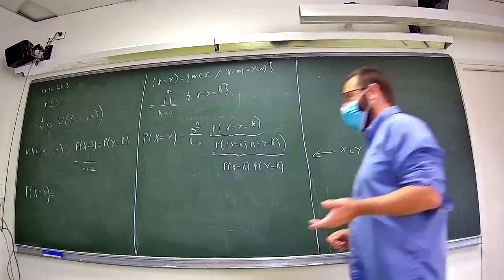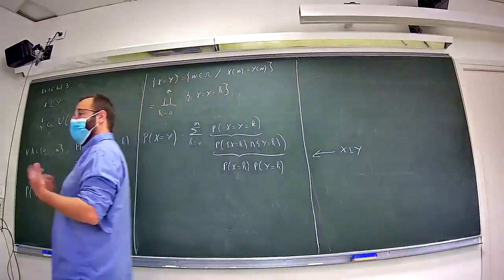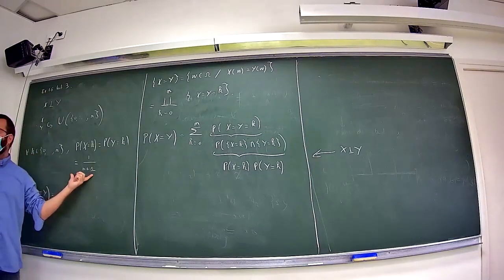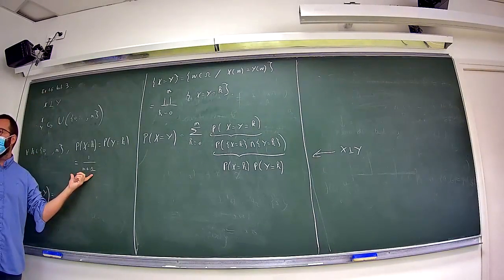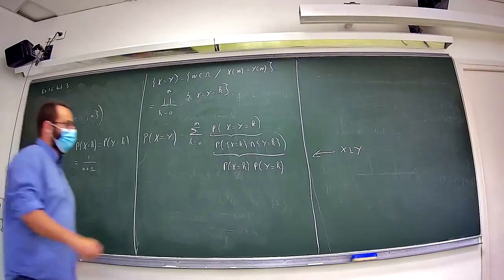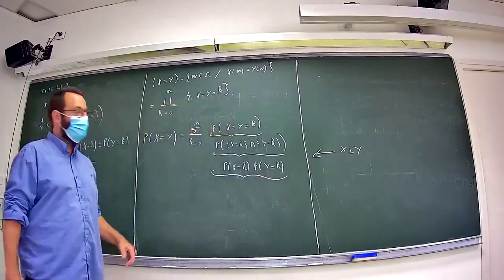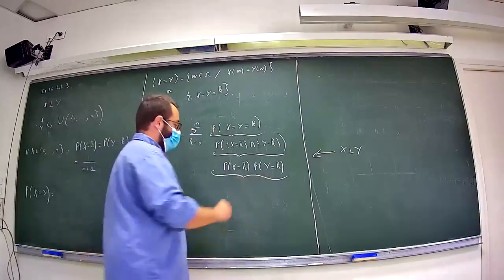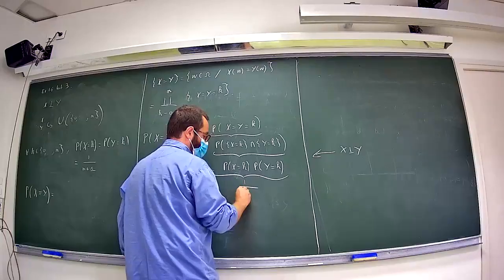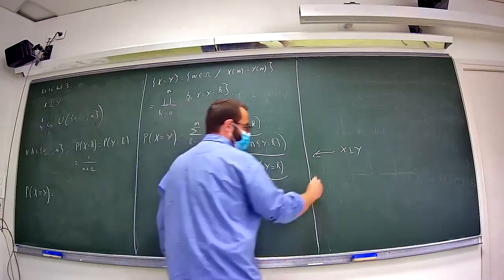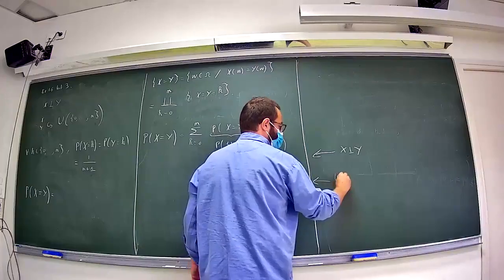And now, continuing to use my statement, I know what both probabilities are. Each of them is equal to 1 over n plus 1. So it means that by the uniform hypothesis, this product is simply equal to 1 over (n plus 1) squared. Okay? Here I use the uniform hypothesis.